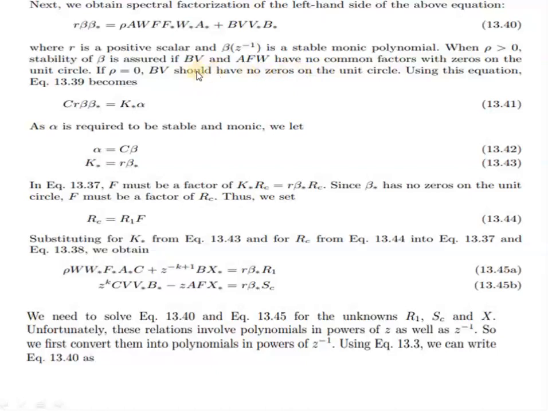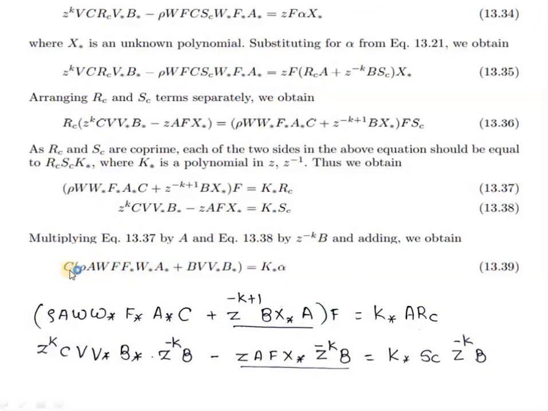At that time we can say that this beta polynomial is stable, and by using this equation, 13.39 becomes, with this whole term equal to R into beta beta star. Therefore the previous equation becomes C into R beta into beta star equals K star into alpha.